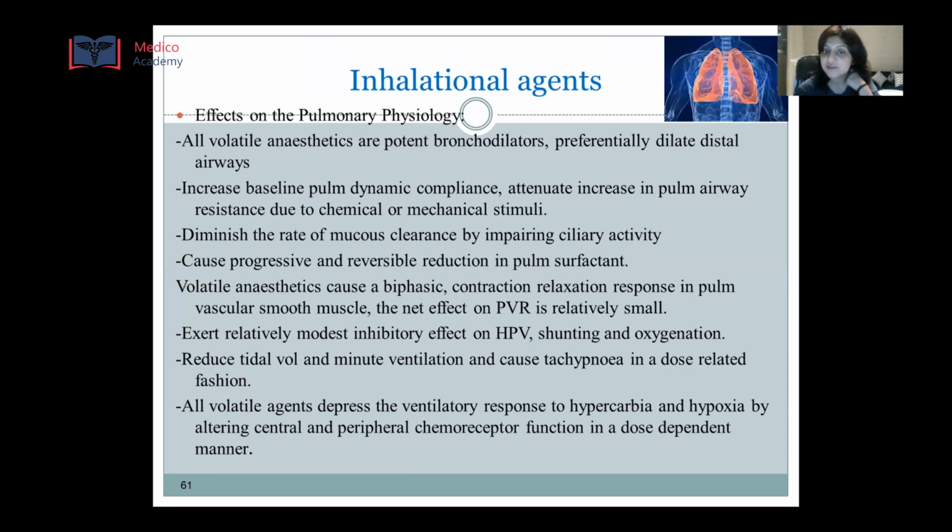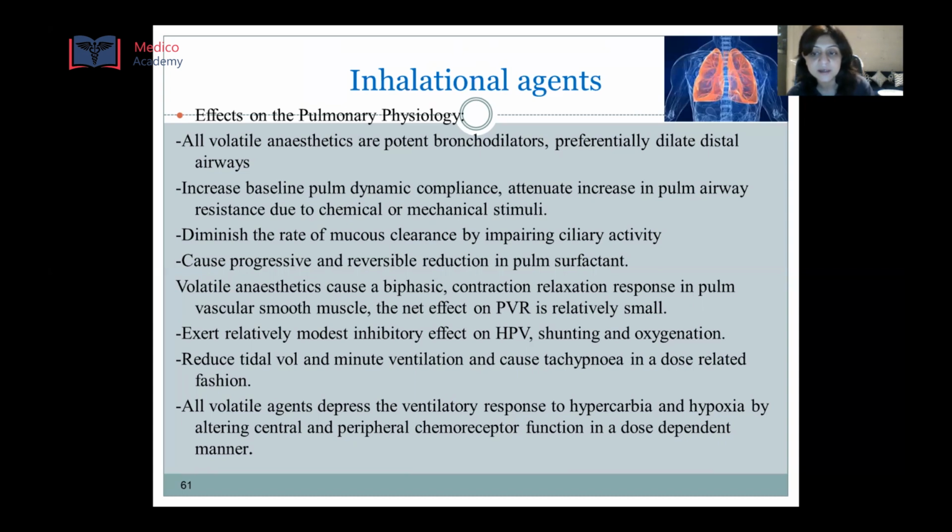They can cause a biphasic contraction-relaxation response in pulmonary vascular smooth muscles. The net effect on pulmonary vascular resistance is relatively small. They have a relatively modest inhibitory effect on HPV, shunting and oxygenation. They reduce the tidal volume and minute ventilation.